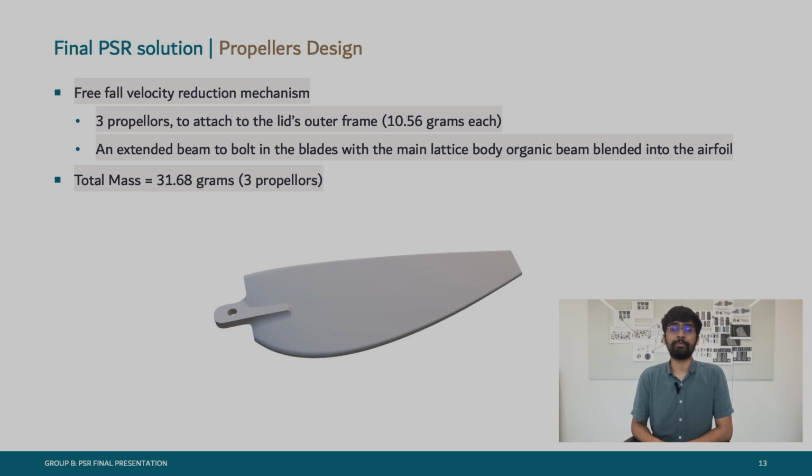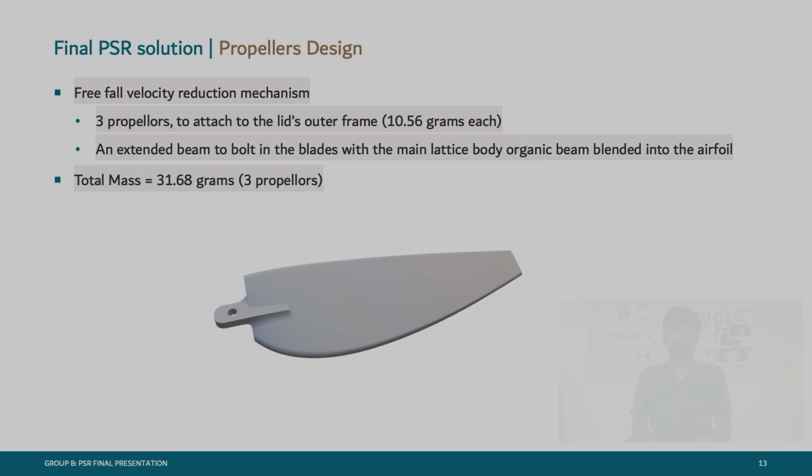The total mass of the propellers amounts to 31.68 grams. This lightweight yet effective design enhances the object's aerodynamic properties, potentially slowing its descent significantly without compromising structural integrity or adding excessive weight.